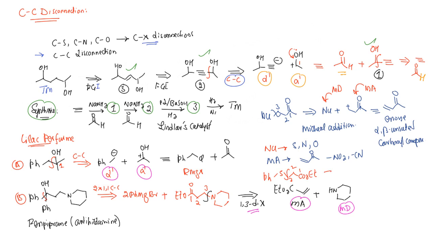Breaking the compound right at this point, I will get two fragments: phenyl SH, this is a thiol, and an enone. So again, this is a Michael acceptor and this is a Michael donor. So these all represent a 1,3 relationship, which is an important disconnection in the C-C category, or carbon-carbon disconnection.